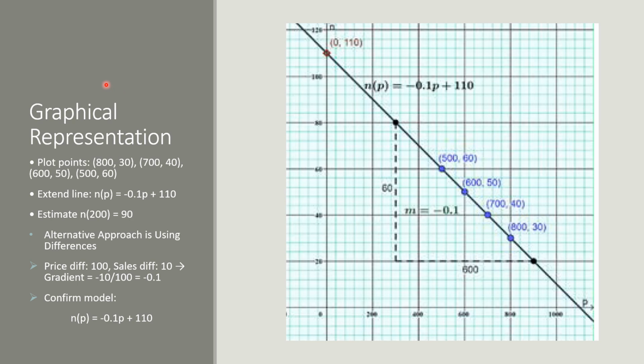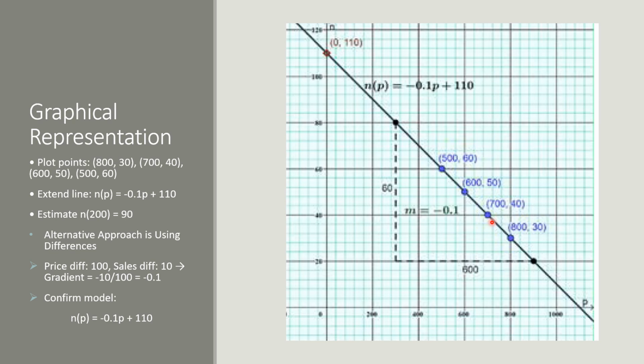So let's look at the graphical representation of the linear model that we just did. We have N(P) equal to negative 0.1p plus 110. This graph represents the model. It is a straight line because the model was a linear model, and we have all the points on it.